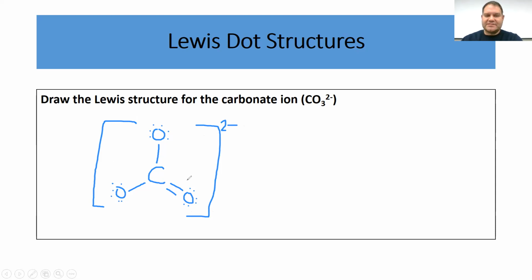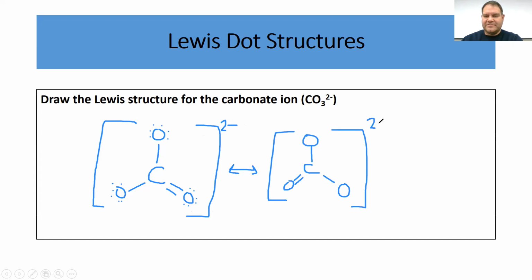Now, really, this carbonate ion forms resonance structures. So if it can form resonance structures, we would need to indicate that. So we're going to show another double bond there, another one there, and there. And then we're going to put our 2 negative. Okay, there's lone pairs, right? Lone pairs, lone pairs, lone pairs, lone pairs, and more lone pairs.